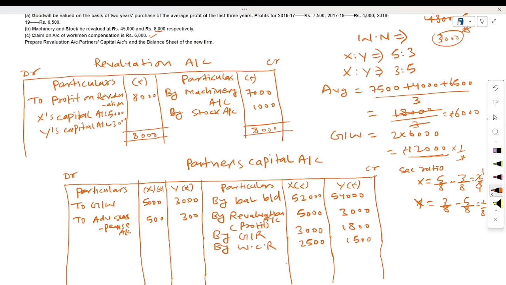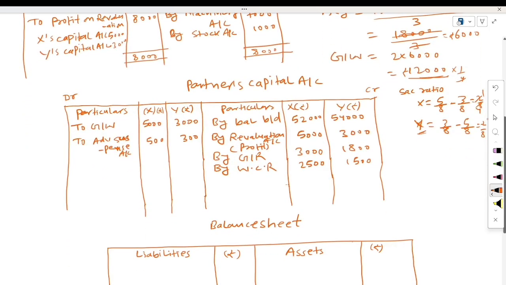Here what adjustment entry we will pass for the valued goodwill? Gaining partner's capital account debit to sacrificing partner's capital account. Who is gaining here? Y is gaining here, X is sacrificing here. So the entry will be here Y's capital account debit to X capital account. We will write here by Y's capital account.